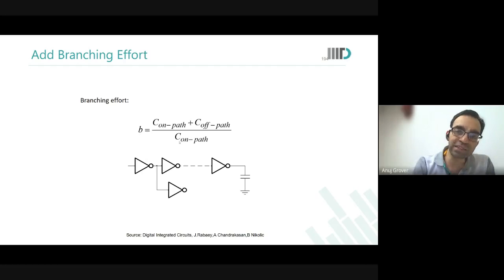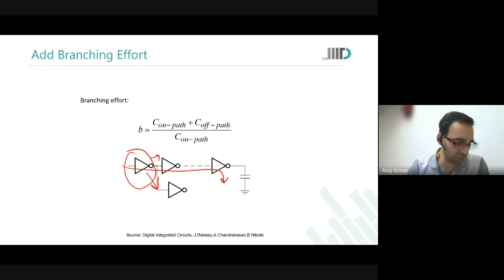Because at least this particular inverter will see a load which is more than just your path. So some effort goes in the branching also.